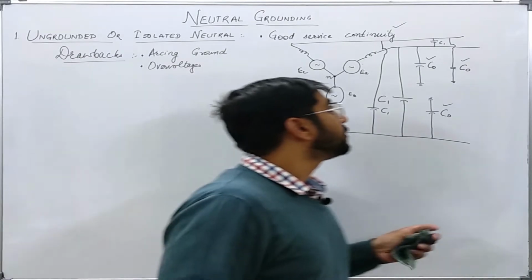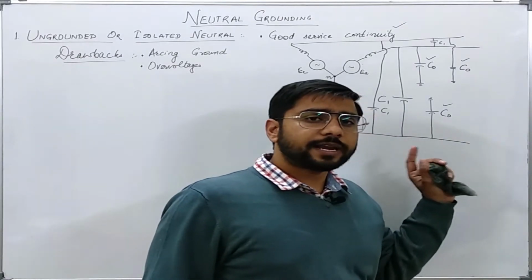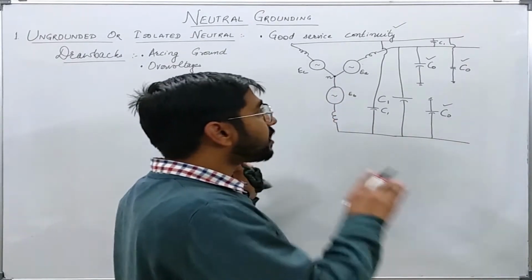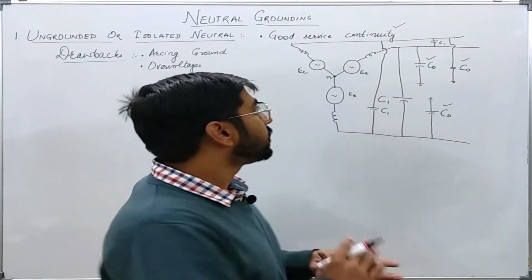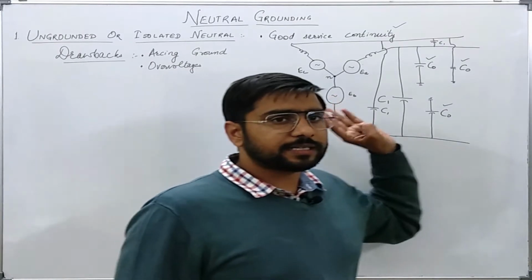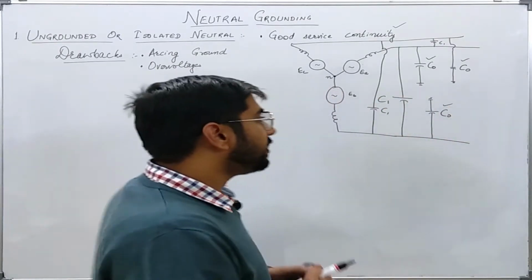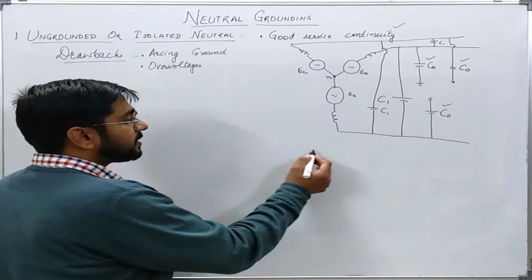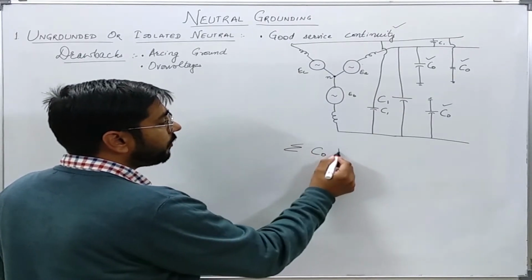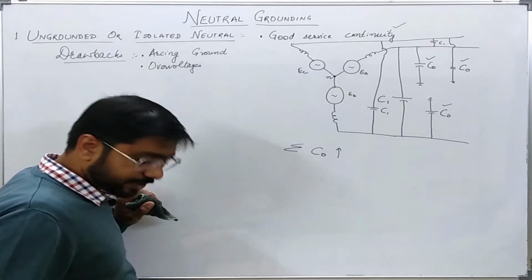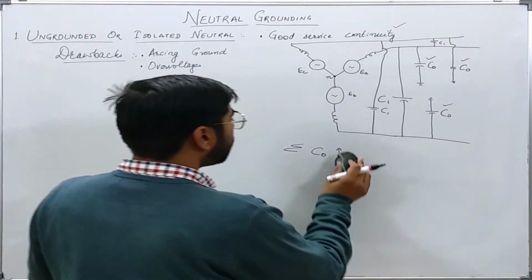Now if the length of the line is very high or there are so many transmission lines connected to the point such that all these capacitances are connected in parallel, then we will see that the value of the resultant capacitance C0 will increase in such a case. So what will happen?